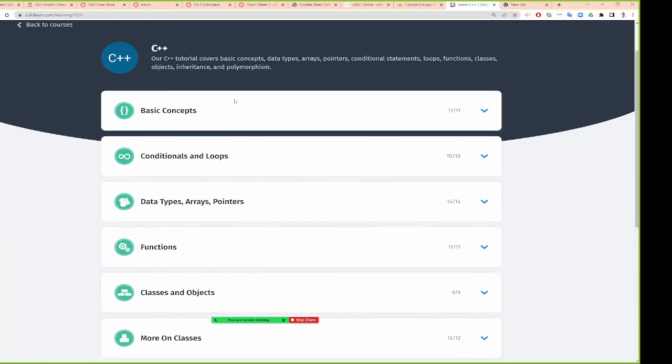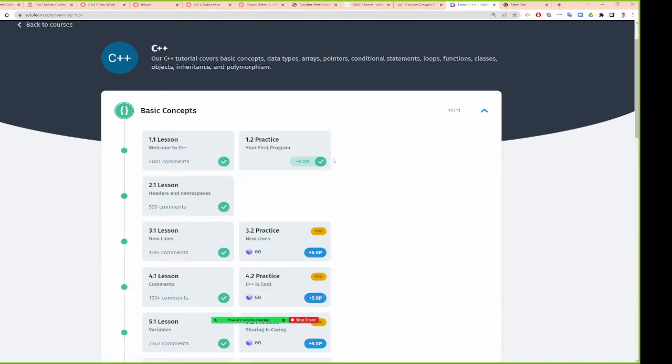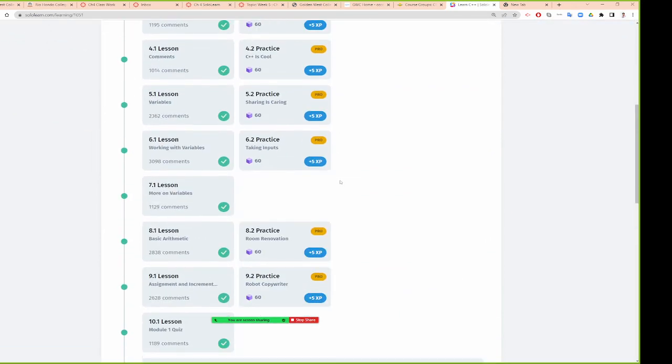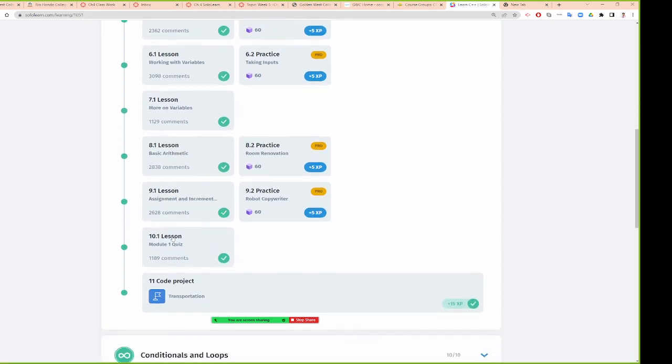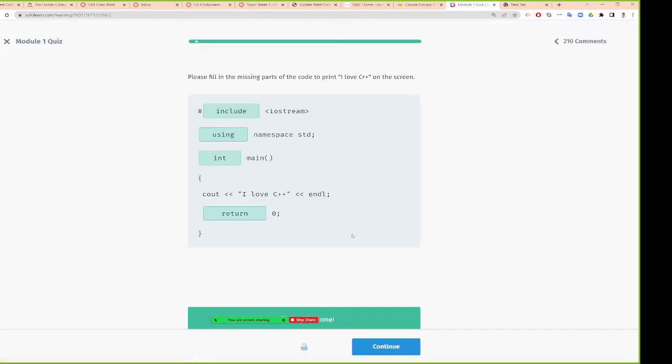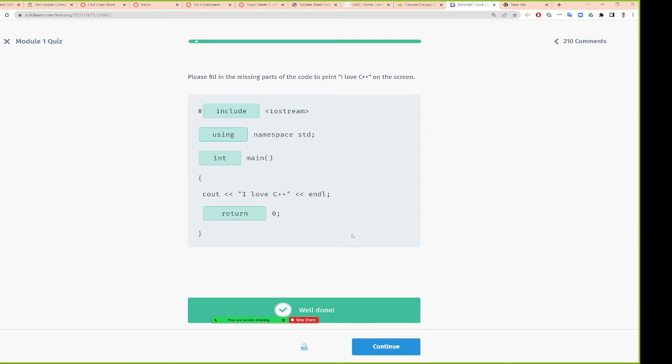We continue right here, and we are going to do the 10.1 module. So, fill in the blank. We include iostream, using namespace, int main, I love C++, return 0.